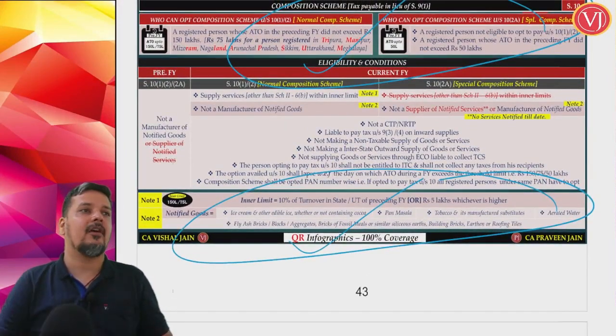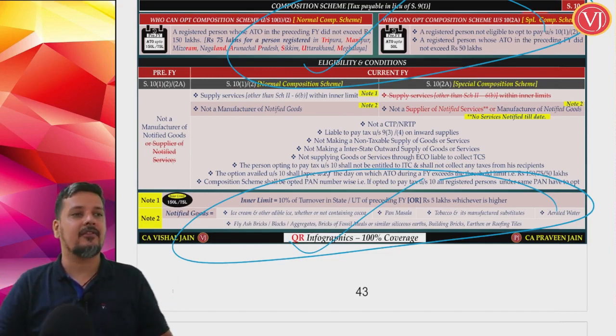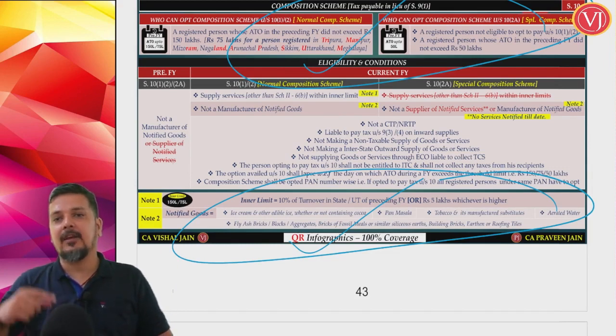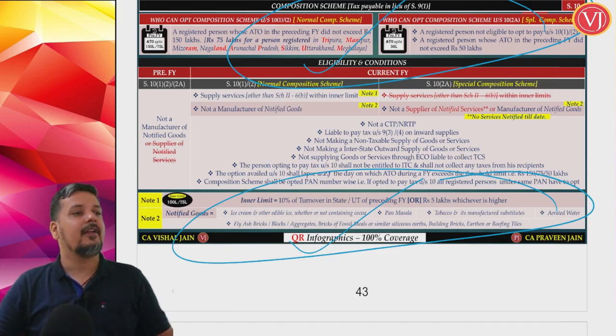One or two simple concepts. If I'm thrown outside composition scheme in one state, can I be in composition scheme in other state? No. In one state I cannot be in composition scheme and in other state in regular scheme. Either in all the states I have to be under composition scheme, or in all the states I have to be under regular scheme.